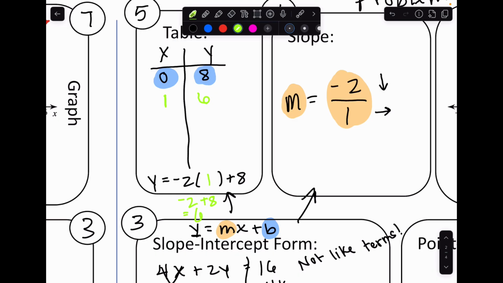Okay, let's find one more point. I'm going to rewrite this. Y equals -2 times whatever we plug in for x, plus 8. Okay, all we're doing is substituting. Now I'm going to plug in -3.